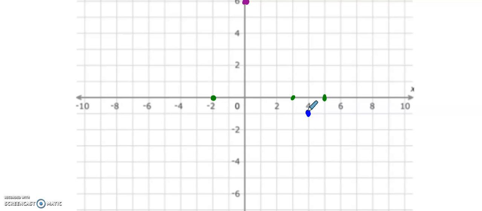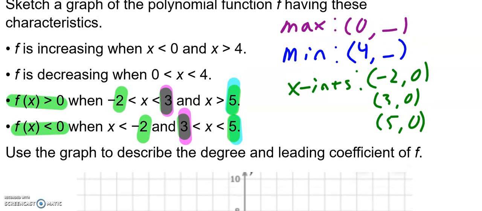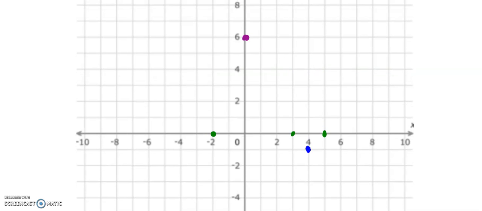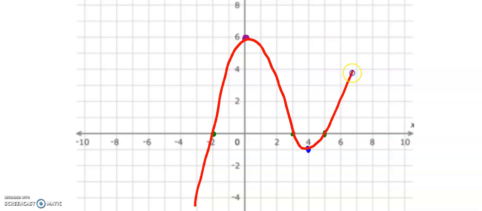Now, I just need to connect these dots and draw my shape. So I know the function is increasing when x is less than 0, right? So if I connect this, then function's got to be doing something like this, and then it was decreasing, and then it was increasing again.